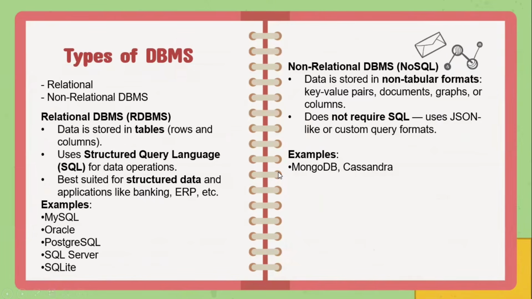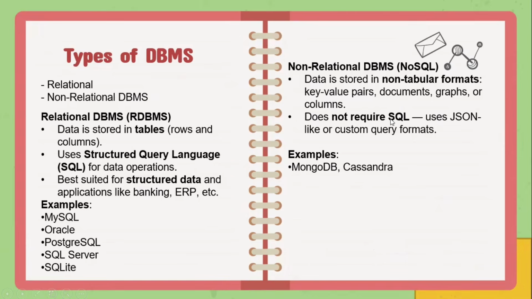Then types of DBMS. There are mainly two types of DBMS. First is relational and the second one is non-relational DBMS. In relational DBMS, or RDBMS, the data is stored in the form of tables, or rows and columns, and it uses SQL for data operations. It is best suited for structured data and applications like banking, ERP, etc. On the other hand, in non-relational DBMS, the data is stored in non-tabular format, basically in the form of JSON-like key value pairs, documents, graphs, or columns.